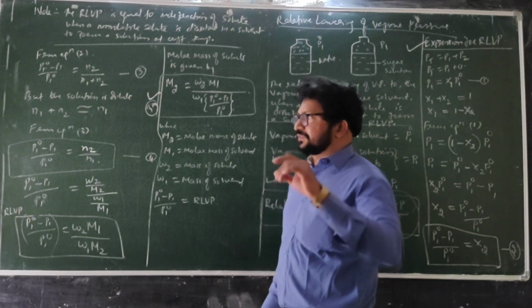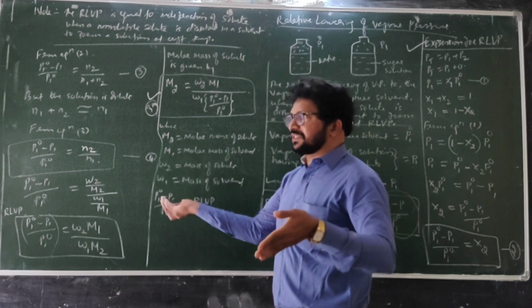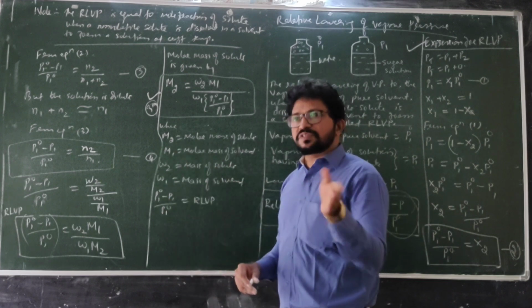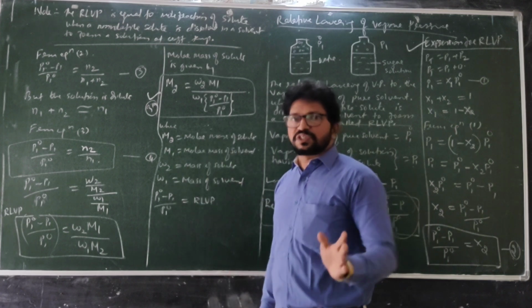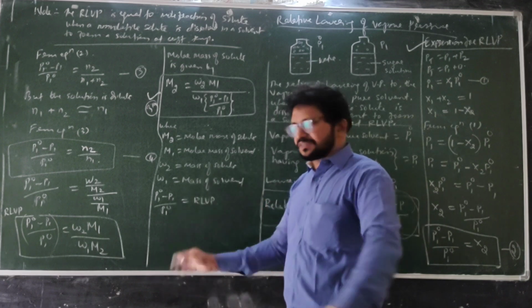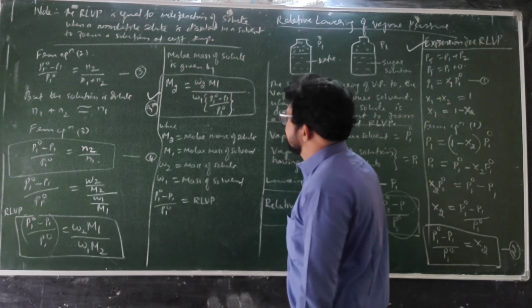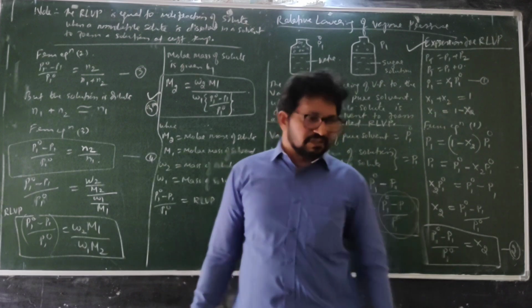If you change the urea, the number of moles changes, which means colligative property changes. If the number of moles of urea, glucose, or sucrose are the same, colligative property is also the same. So I think up to this you have to write down now.